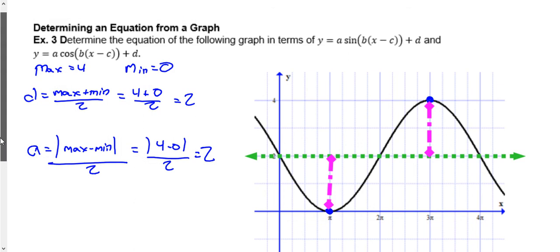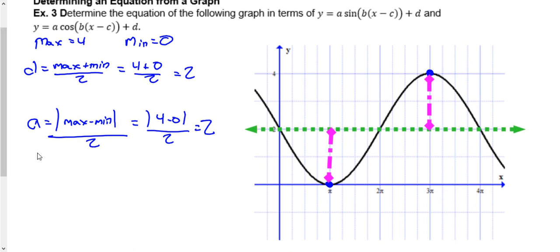You could have also pulled that right out of your equation if you had an equation, but let's jot down that we have one full cycle, so cycle or period is equal to 4 pi, but we need to find our b value.